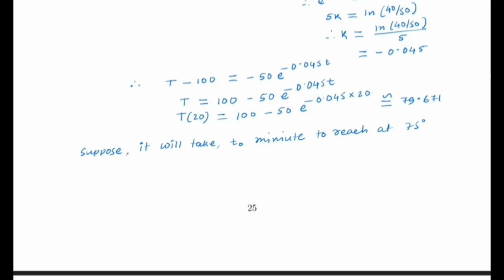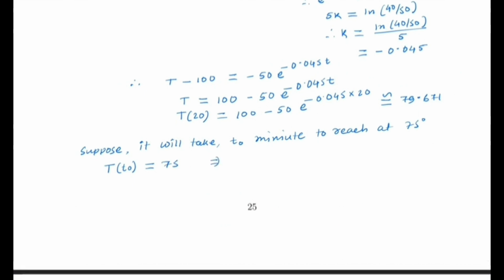So that means T of T0 is 75. So that implies 75 is 100 minus 50 times e power minus 0.045 T0.